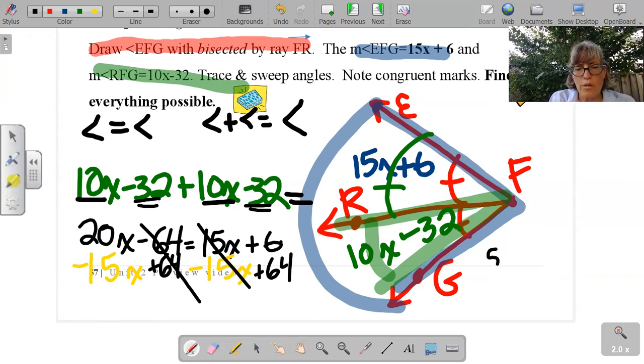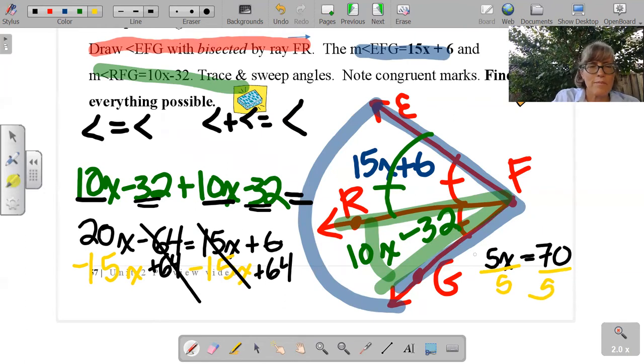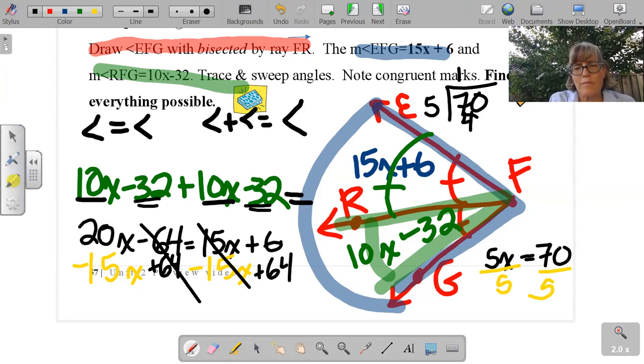We end up with 5x equals 70. Divided by 5. So we figure out that x is 14.